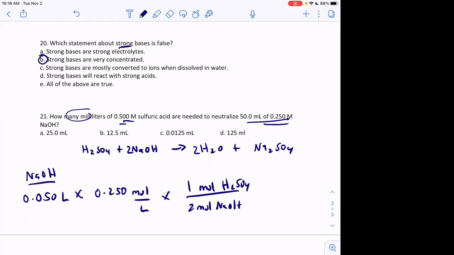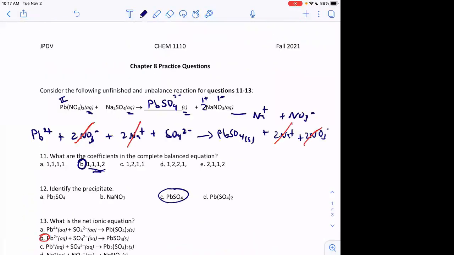You got to throw that factor in there. That's the only thing different. And then since we're after milliliters, you divide by your molarity. Just like you're doing M1V1, you get 1 over 0.500 moles. And you can just do it like this.